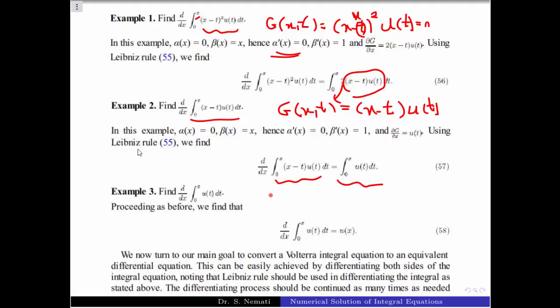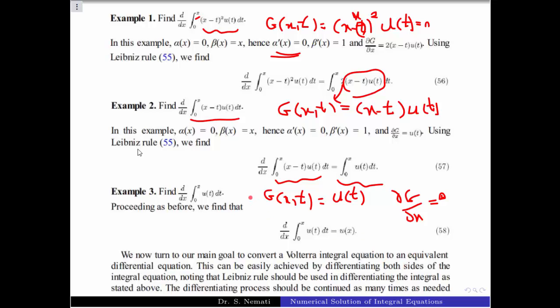So, once again, instead of g, you have the function u of t, and the upper limit is x, and the partial derivative of g with respect to x is equal to 0.